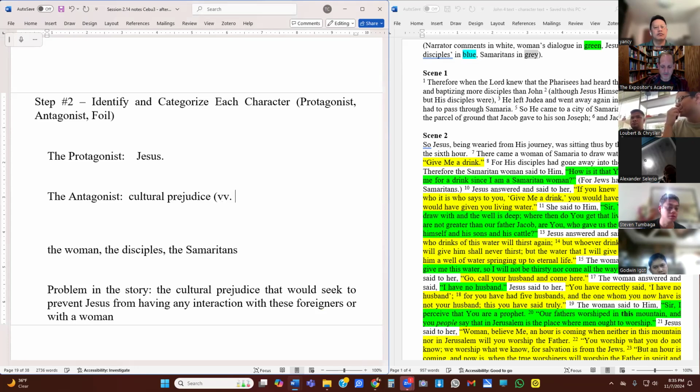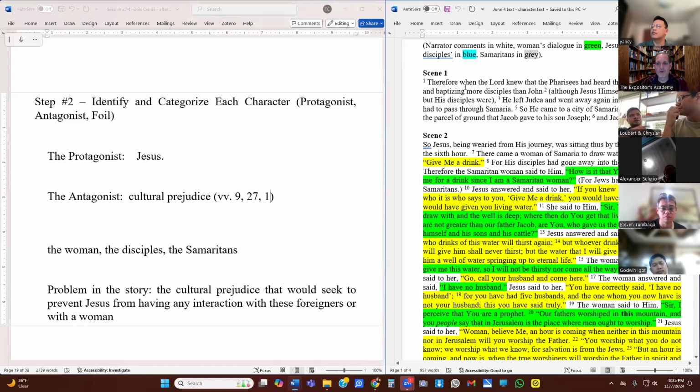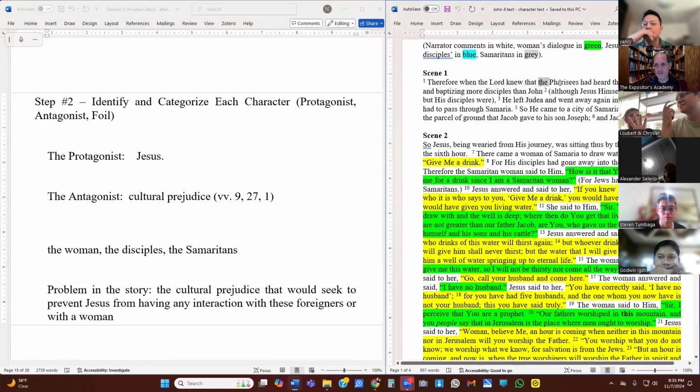And then for the clues, we have verse 9 and verse 27. Now, you even have a little bit of a hint in verse 1. Notice, when the Lord knew the Pharisees had heard Jesus was making and baptizing more disciples, he left. So we do see a mention of the Pharisees in the introduction, in the setting.